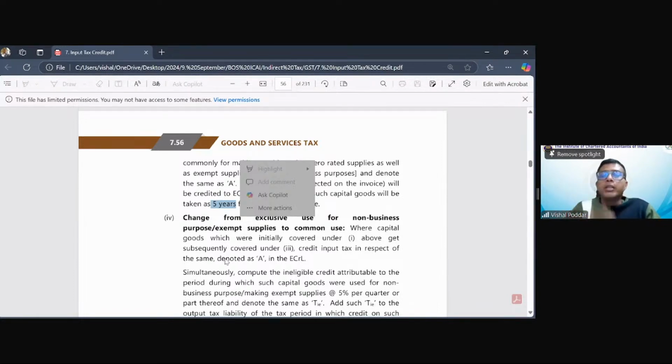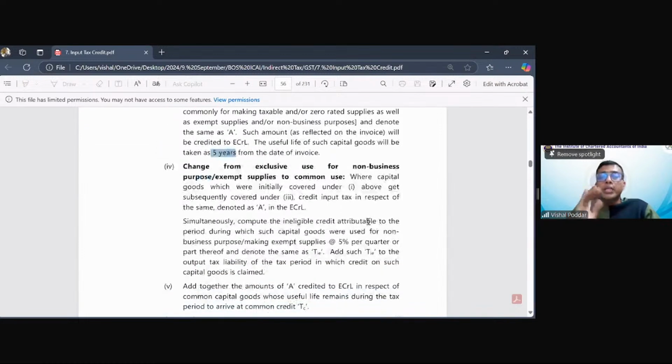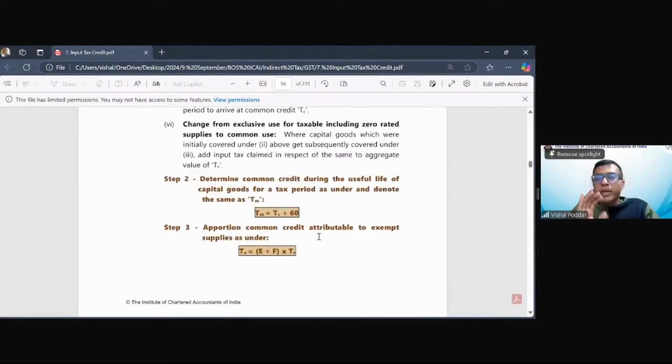Whatever is the ITC that you have taken on these common assets divided by 60. Correct? What is this 5% and all? I'll explain later. So divided by 60, then you get the per month common credit, because all our workings are per month. So you have to find out the per month common credit.